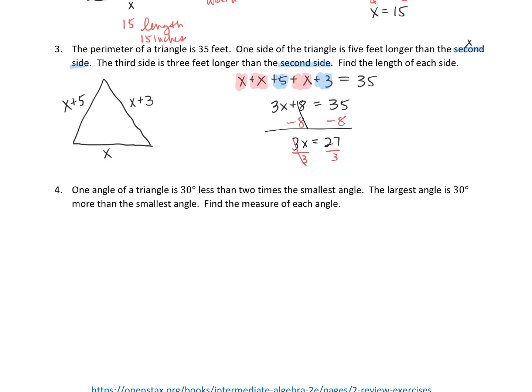Divide by 3. So we get x is 9. So it asks us to find the length of each side. So x is 9. So 9, and it's in feet. And then we would just plug that in to find the other lengths. So 9 plus 5 is 14. And 9 plus 3 is 12. So we would have 9 feet, 14 feet, and 12 feet as each side length.